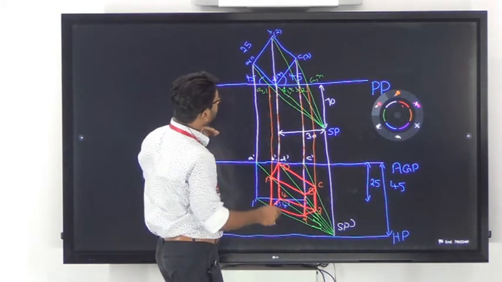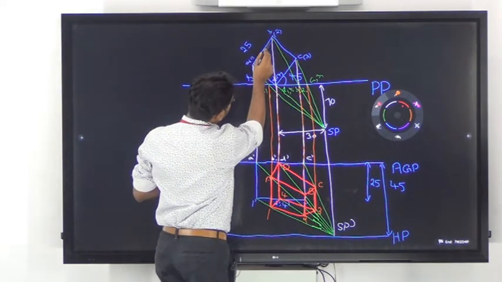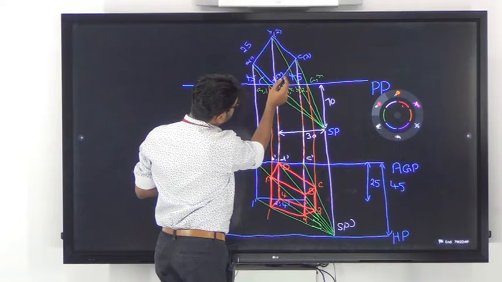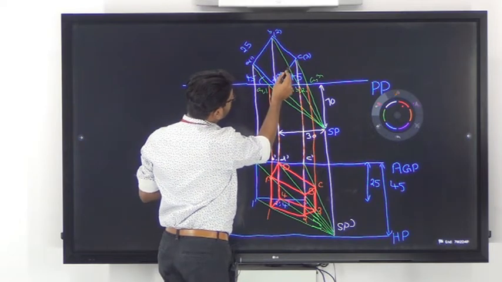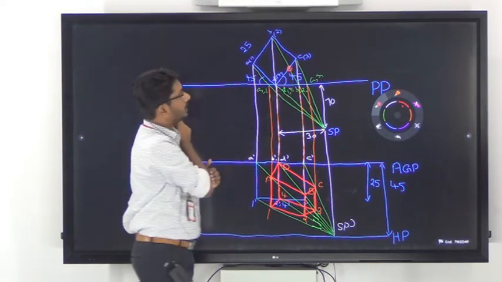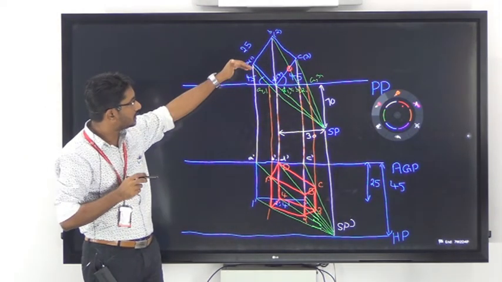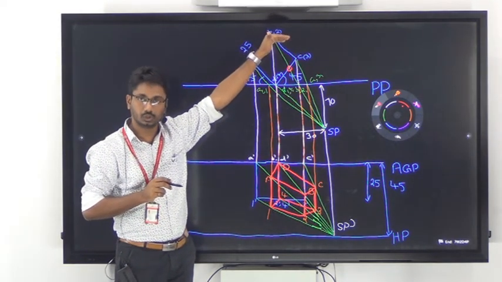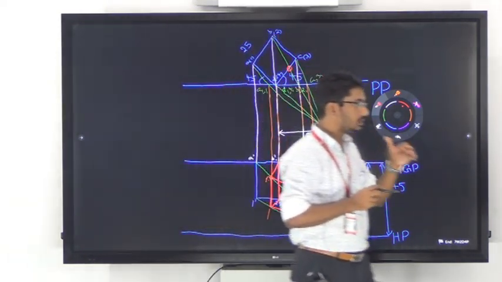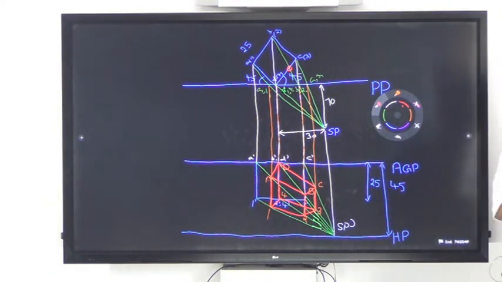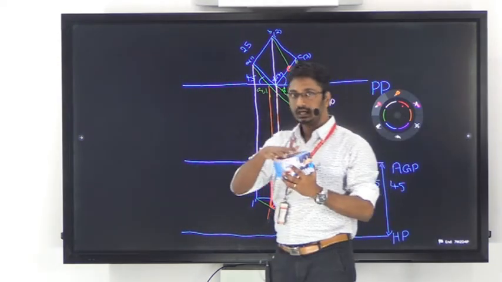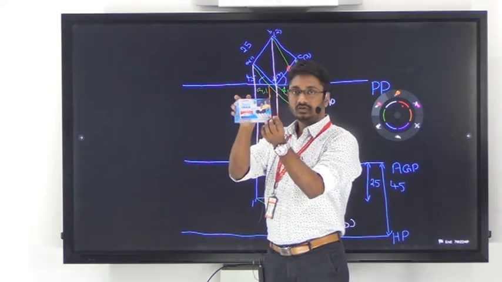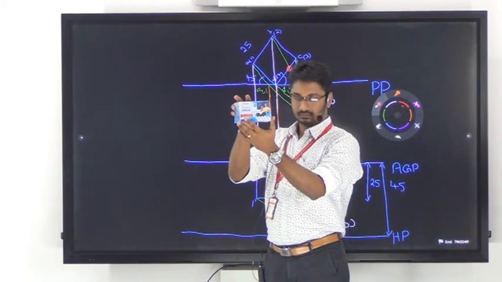But the line joining the points B and 2 is touching the object at this point. So we have to check the visibility of these 2 points B and 2. Here we have named the top corners as A, B, C, D and bottom corners as 1, 2, 3, 4.